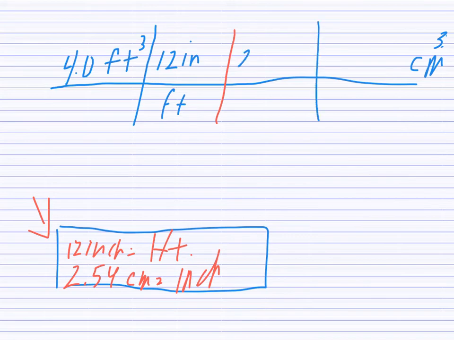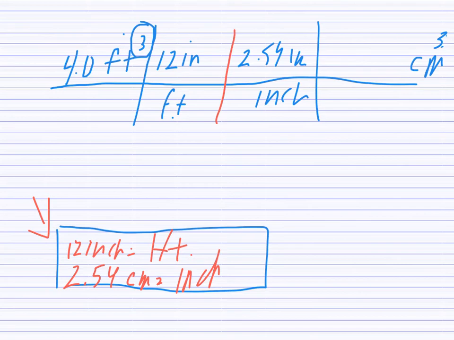And then I would say there's 2.54 centimeters equals an inch. Now, of course, that's pretending that this was not cubic. Since it is cubic, obviously, when you multiply by 12 inches equals a foot, the units of cubic feet and regular feet are not going to cancel.